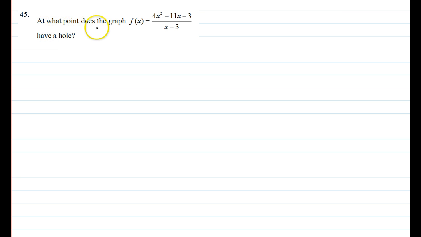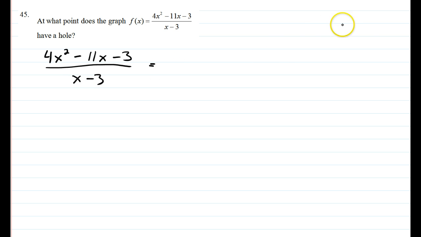So now, at what point does this graph have a hole? So you're going to want to factor the top. And so, let's see here, what numbers multiply to negative 12 but add to a negative 11?